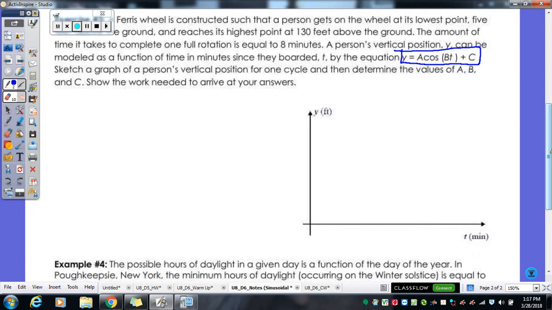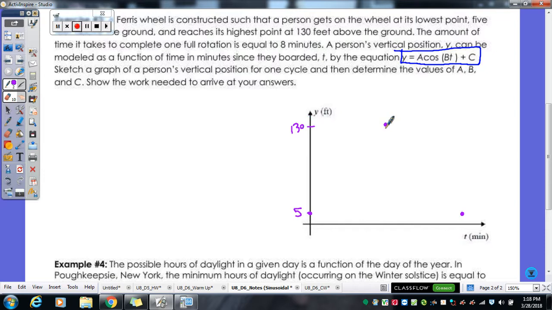Okay, so they start by boarding on the Ferris wheel when it's at its lowest. What is its lowest height? 5 feet. So we start right here at 5 feet. And we end also at 5 feet. Because we go up and around. It reaches its maximum height of what? 130.